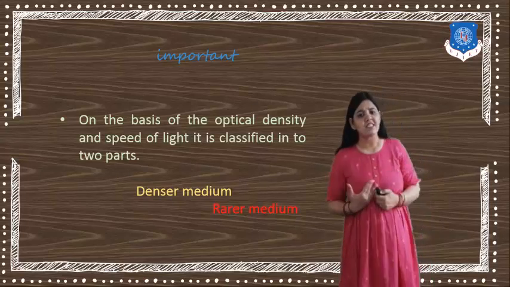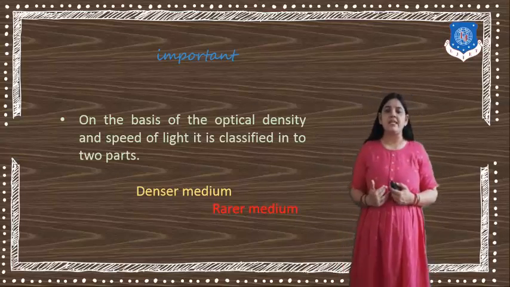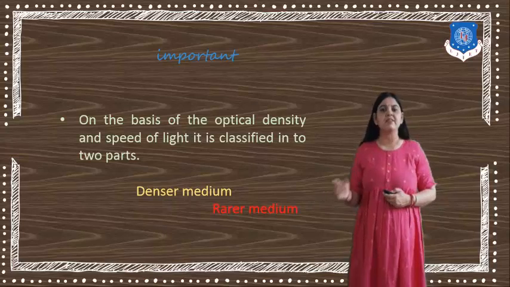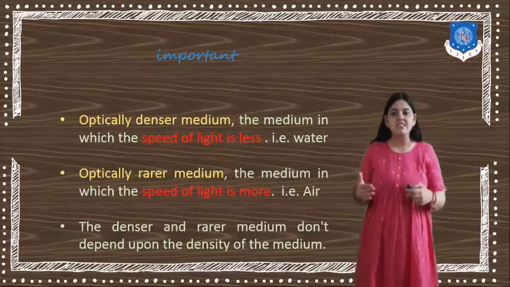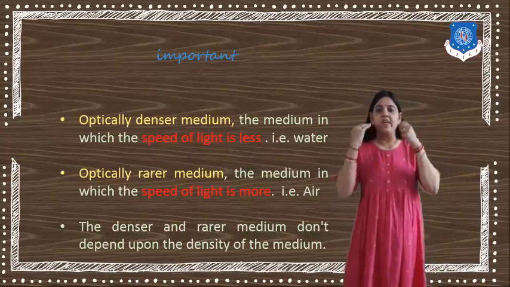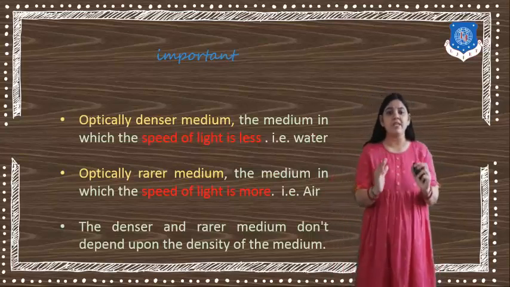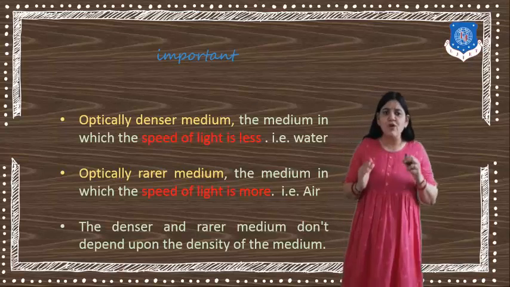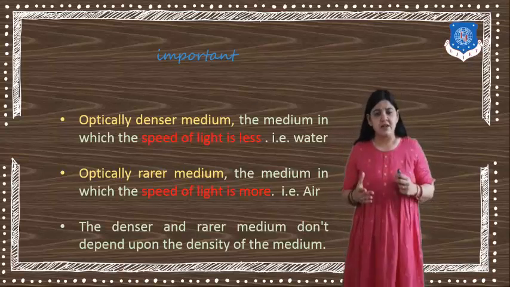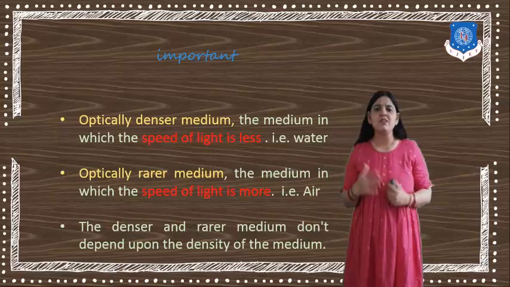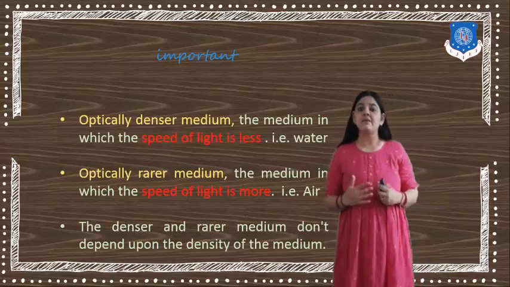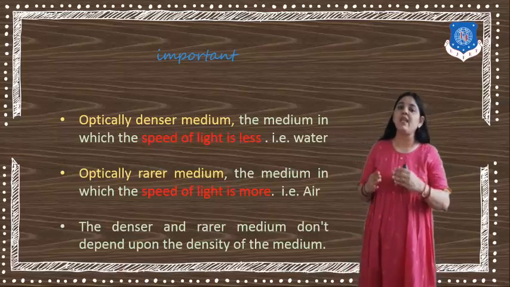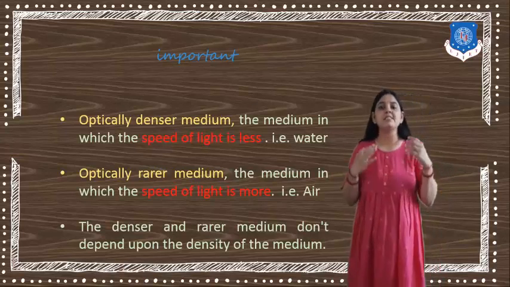So media are classified into two categories, denser medium and rarer medium. In an optically denser medium, the speed of light is less, for example water. An optically rarer medium is a medium in which the speed of light is more, for example air.